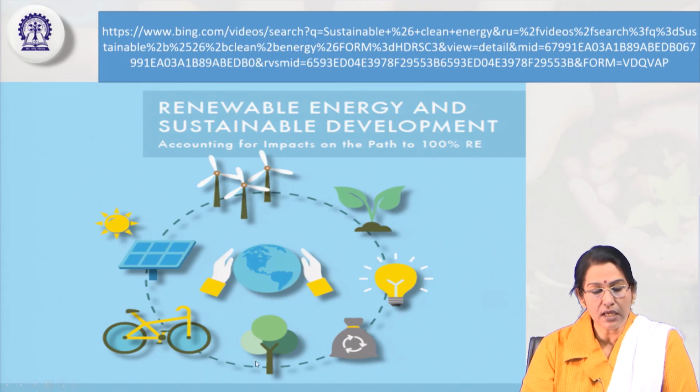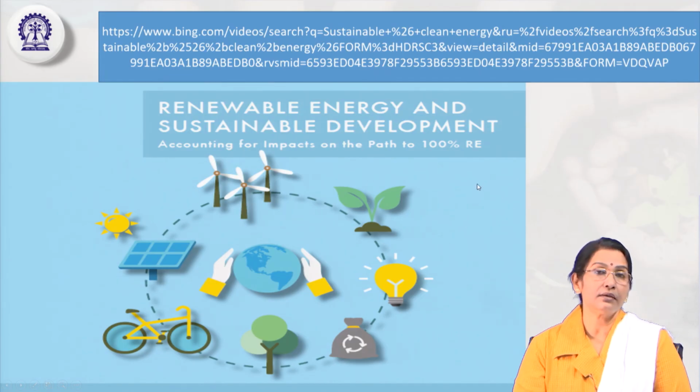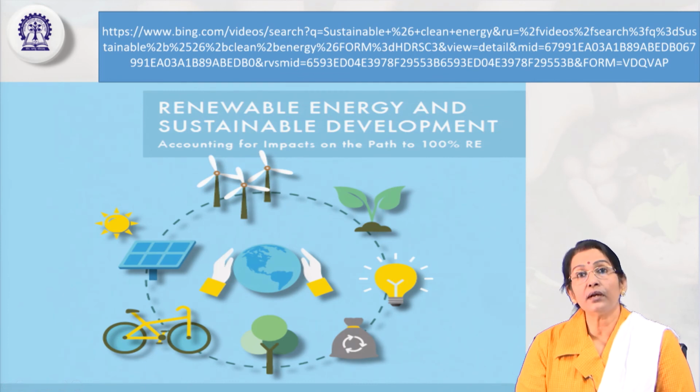This is the learning cycle of renewable energy and sustainable development. There are also many YouTube videos from which we can get more ideas to use it sustainably in our household and our life sphere.